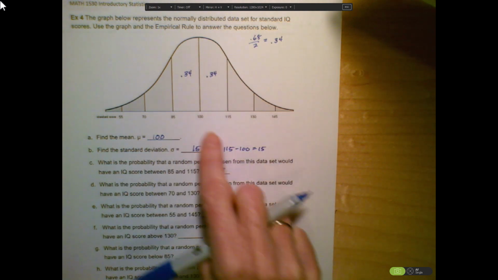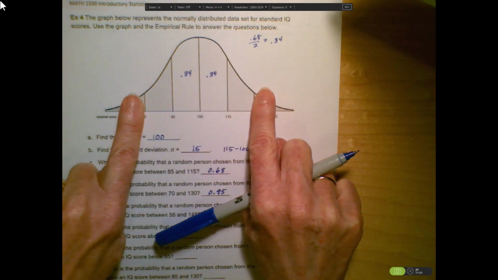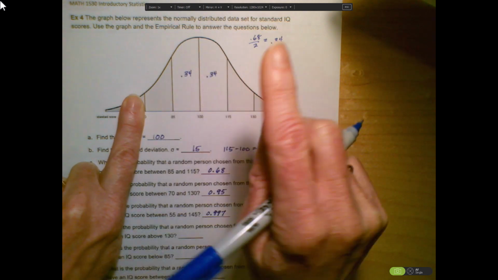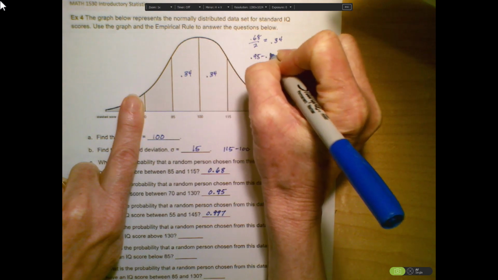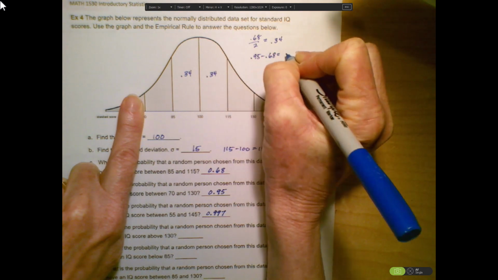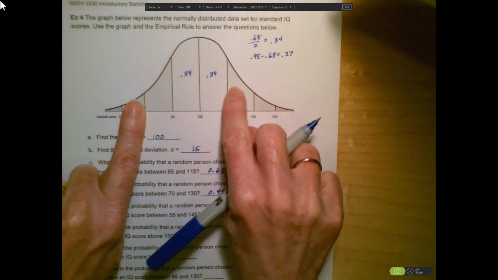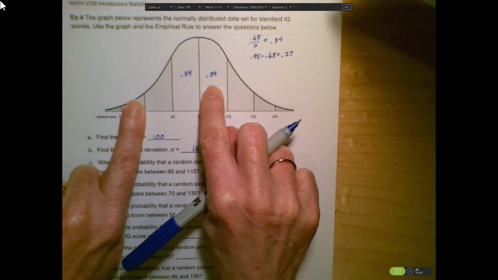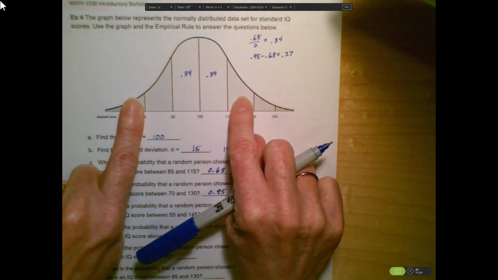Okay? So if I wanted to get this area and this area, well, I know the total between the two is 0.95, but I've already accounted for these two. So let's get rid of those. If we take 0.95, subtract out 0.68, what's left is 0.27. So 0.27 is these two together, because 0.27 plus 0.34 plus 0.34 would be our 0.95, but it's in 2 equal parts.